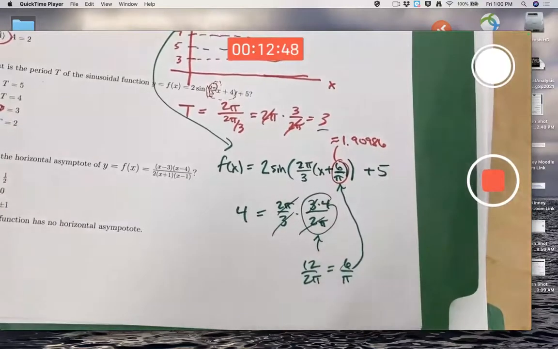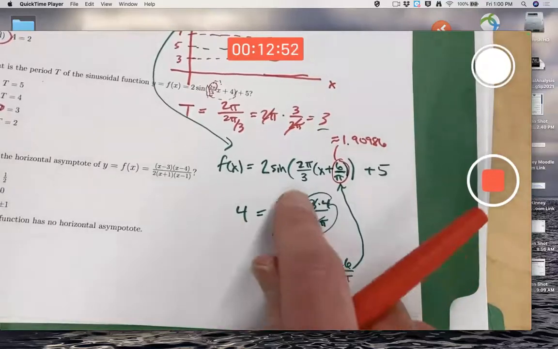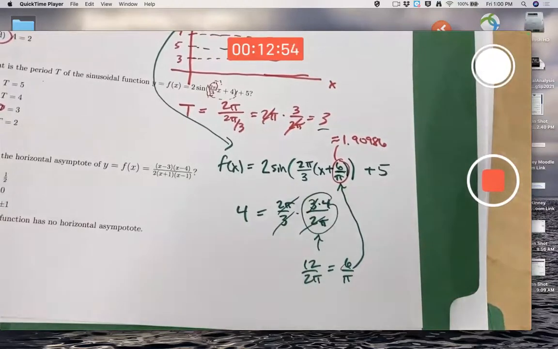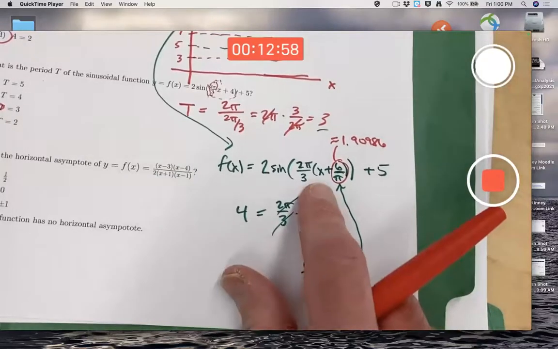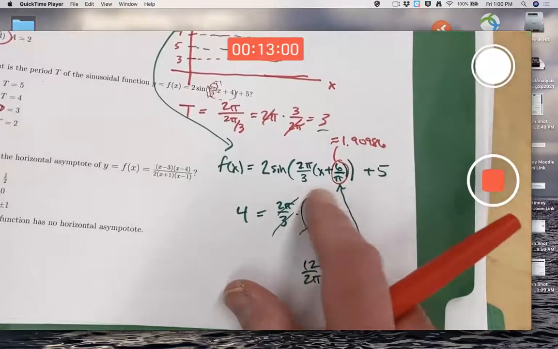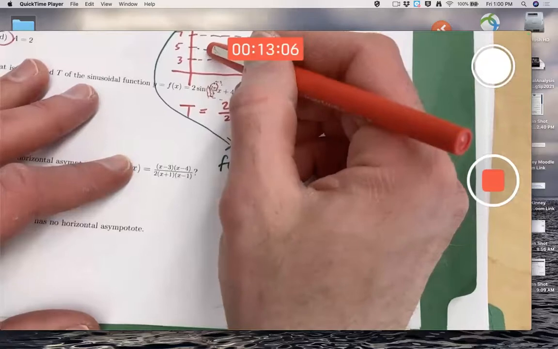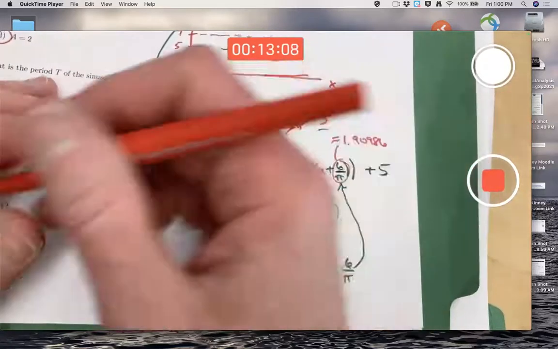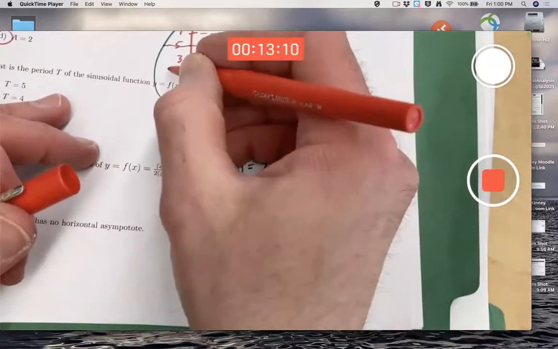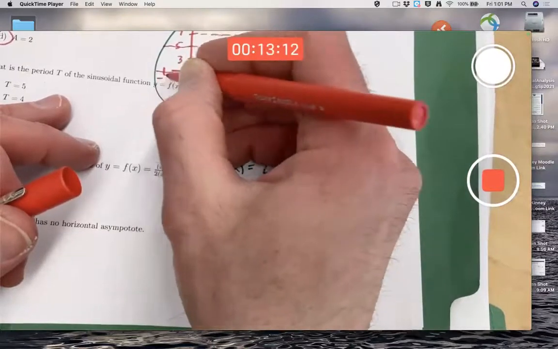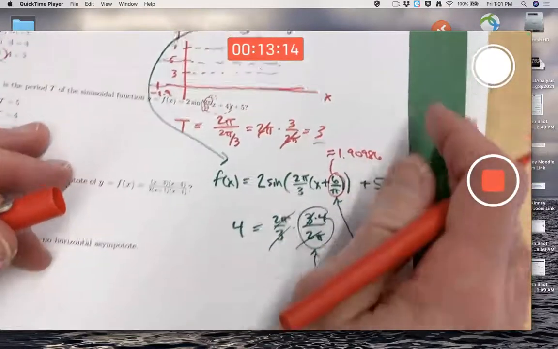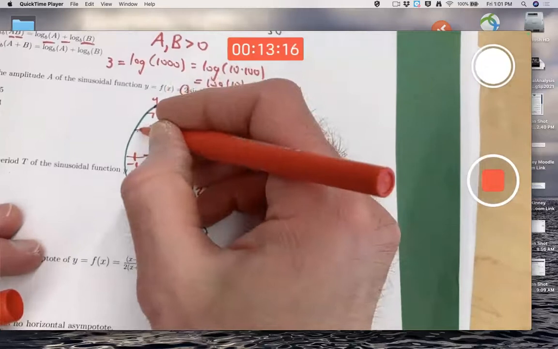In other words, when x is negative 1.9 approximately, the input is 0. The sine function starts at its midline, its average value, at the input of 0. So back here at about negative 1.9 in this graph, that's when you're going to go on your upward swing.